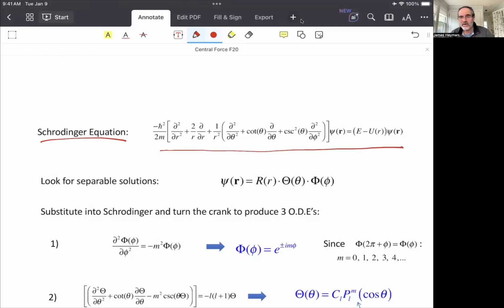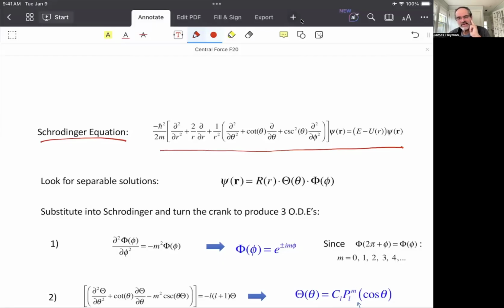Schrodinger's equation in spherical polar coordinates looks like this. And I guarantee you, all we've done here is to switch from Cartesian coordinates to polar coordinates and just turn the crank. So we have minus h bar squared over 2m times the quantity, second derivative with respect to r, plus 2 over r times the first derivative with respect to r, plus 1 over r squared times the quantity, d squared by d theta squared, plus cotangent theta, d by d theta, plus cosecant squared of theta times the second derivative with respect to phi of the wave function.